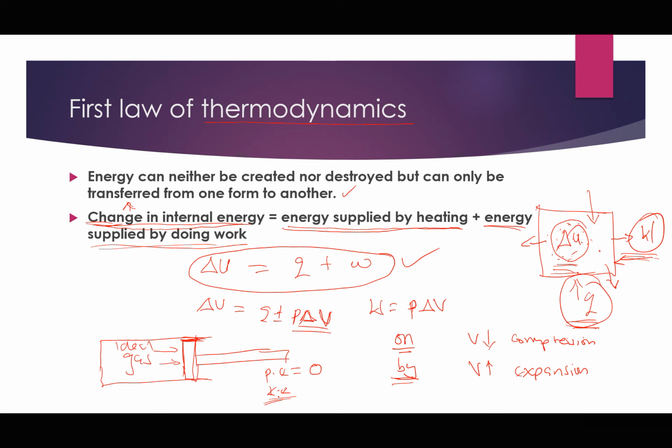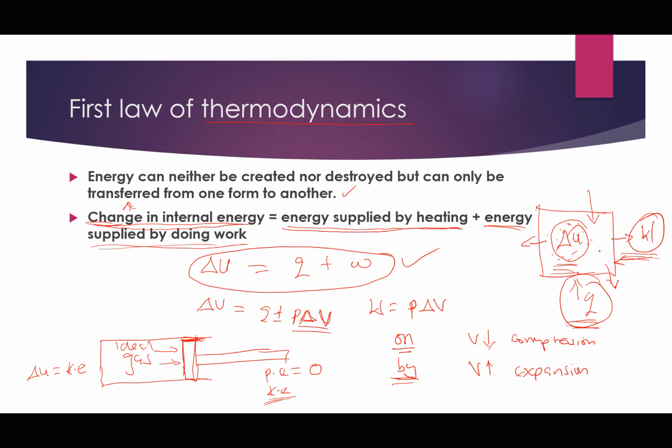So since this is an ideal gas, the internal energy of an ideal gas is only going to be equal to the total kinetic energy of the molecules which make up the ideal gas.